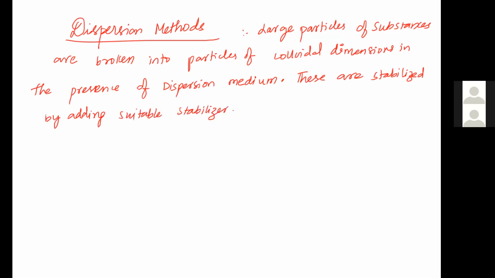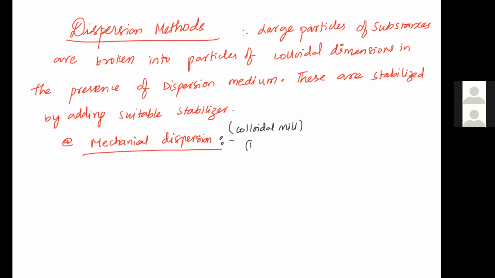So what are the methods? First is mechanical dispersion. Here this happens in a colloidal mill. First step, the substance, whichever is there, is finely powdered.